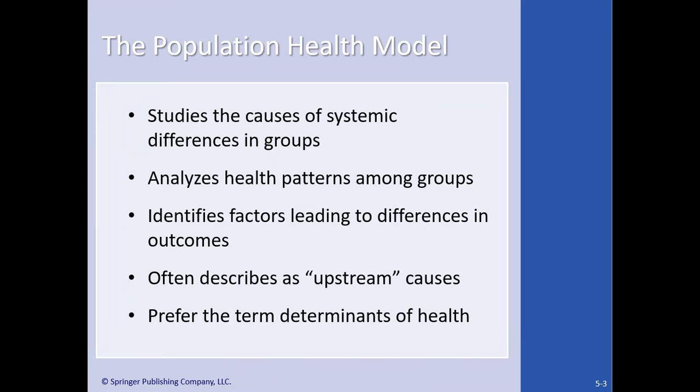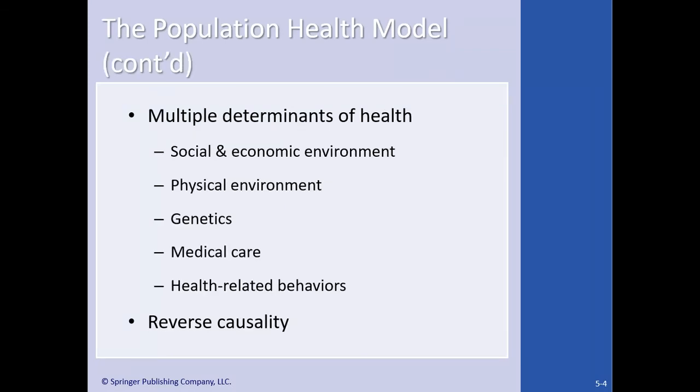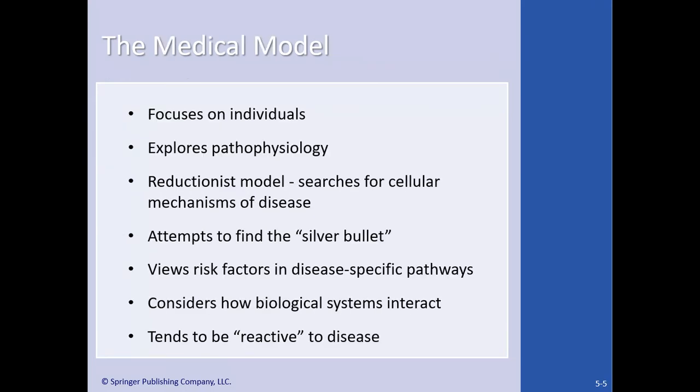Sometimes this is described as upstream causes, and we use the term determinants instead of causes, and there are certainly multiple determinants of health. The population health model examines these multiple determinants. As part of this, there's something called reverse causality, and be sure to read about that in your textbook. You should understand that definition.